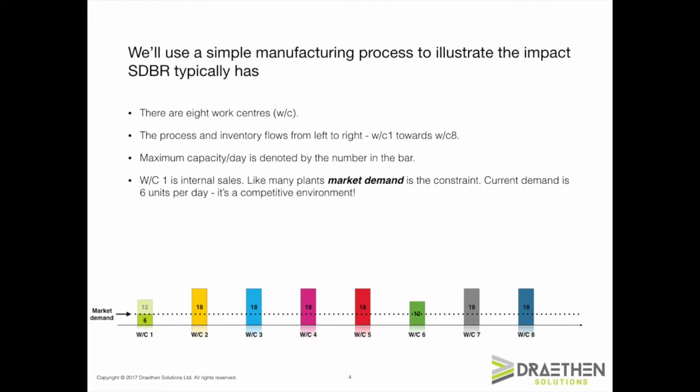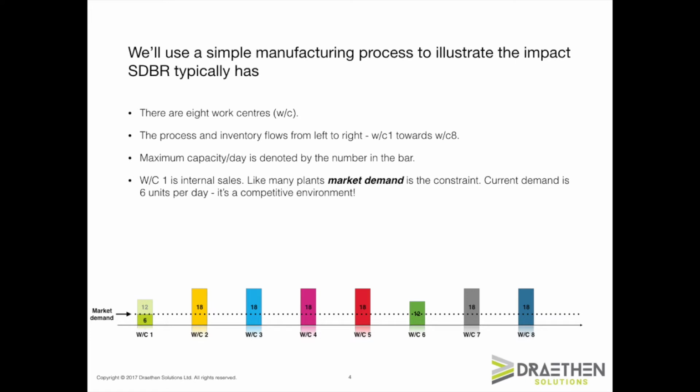If you'd like to know more about the simulation, how it can be used to educate your people in SDBR, and how it improves performance, watch part 3 of the On Time in Half the Time series where all is explained. We're going to use this diagram throughout the video to explore what happens when we implement SDBR and transition from a high inventory plant to a low inventory, high velocity plant.